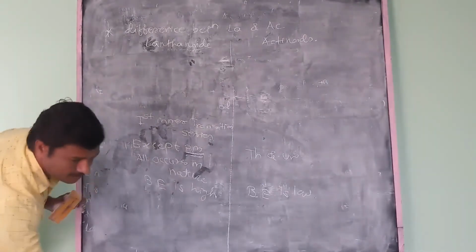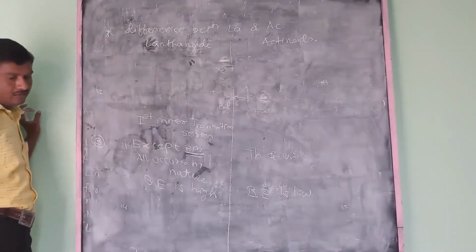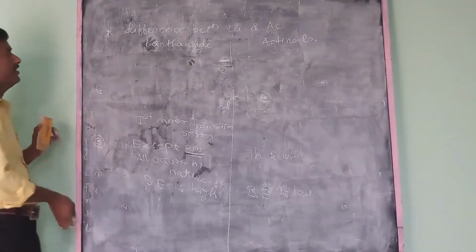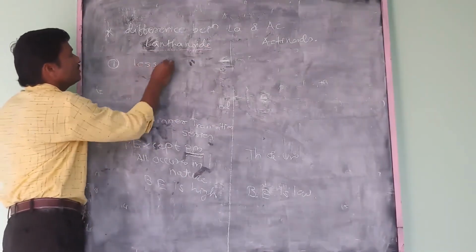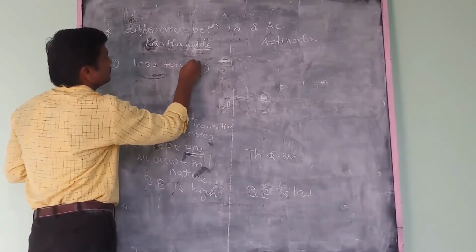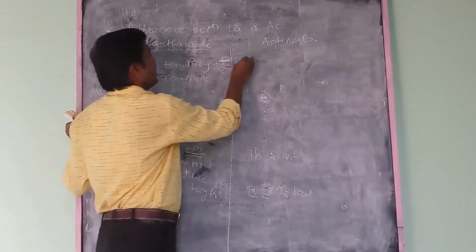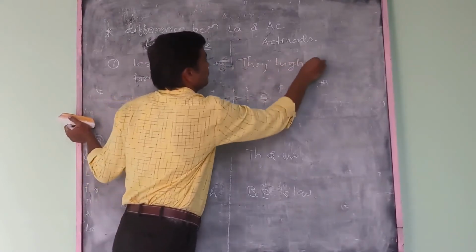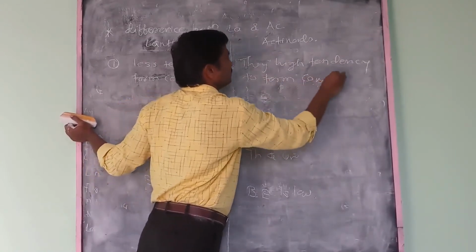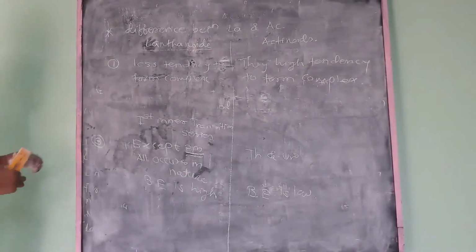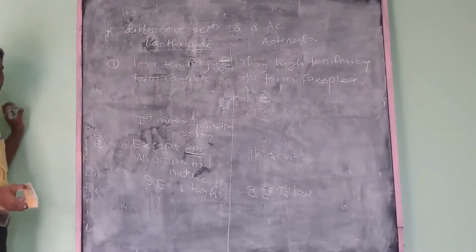One more point: lanthanoids have less tendency to form complex compounds, and actinoids have a high tendency to form complex compounds.